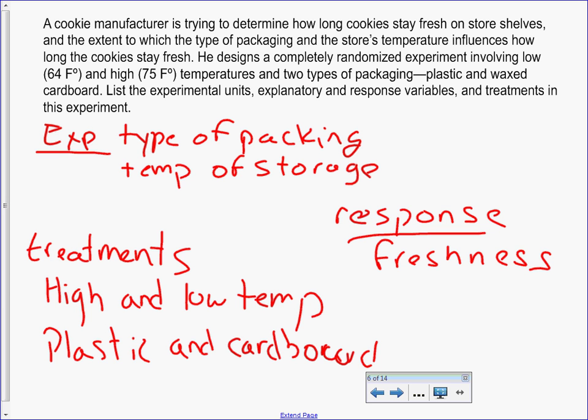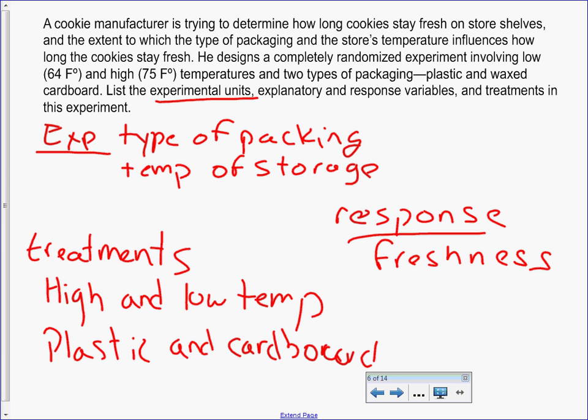So then the last question is, what are the experimental units? What are we actually imposing experiments on? Well, most cookies don't come in packages of one. They come in packages of like 4 or 5. You get a roll of Oreos. Even the smallest is 2 cookies, 3 cookies.